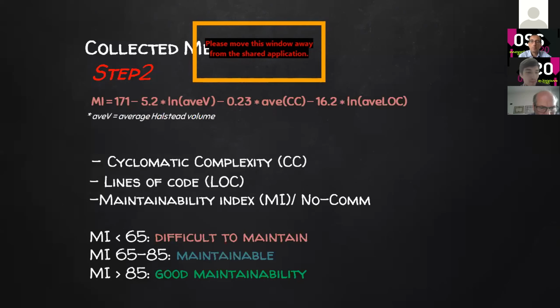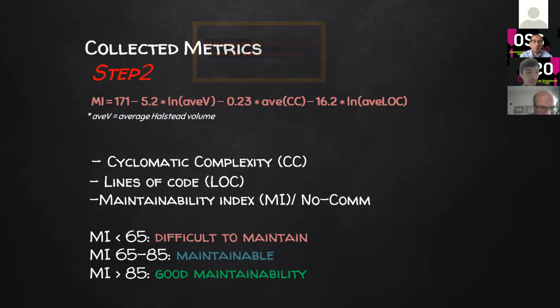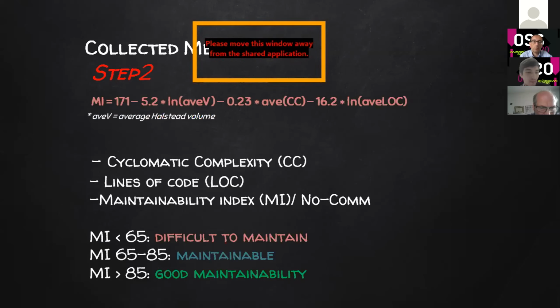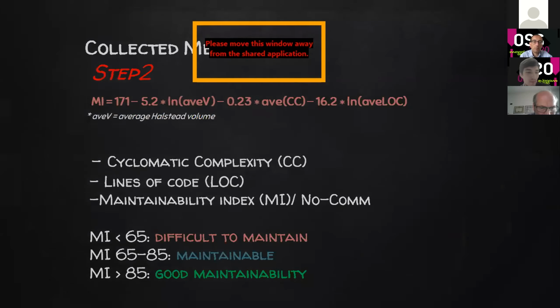An MI less than 65 is difficult to maintain. Between 65 and 85, it's fairly maintainable. More than 85 means good maintainability. This is the definition from the literature review that we are using in our project, always relating to what other researchers have worked on in their previous studies.